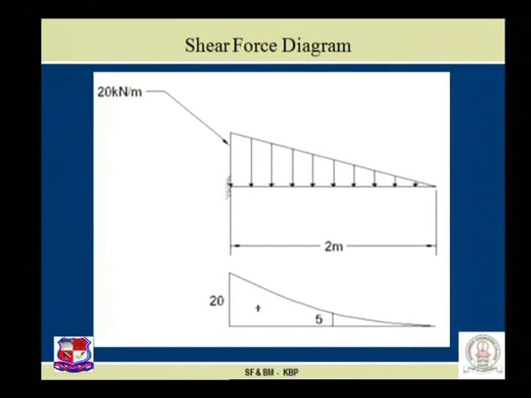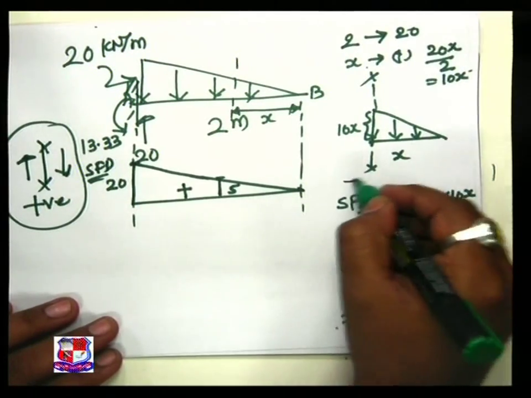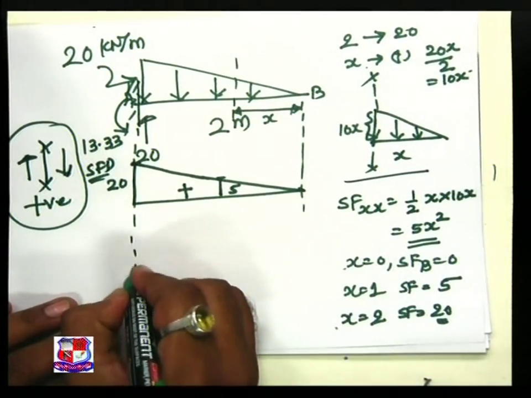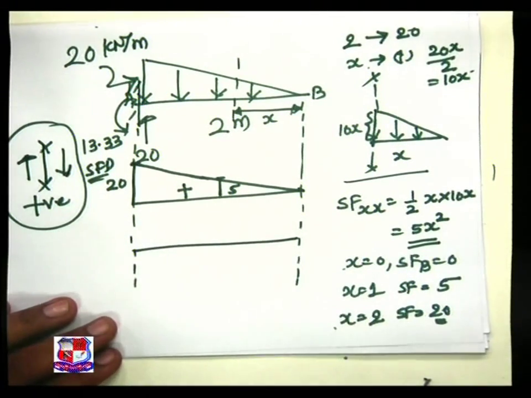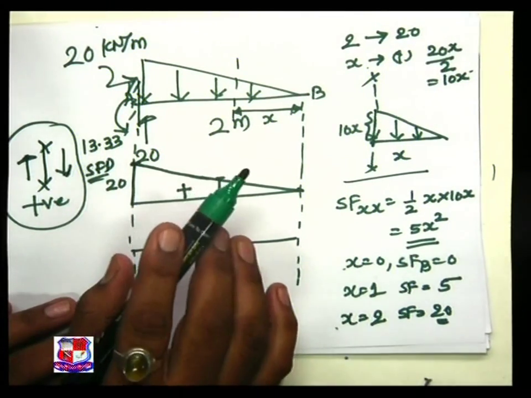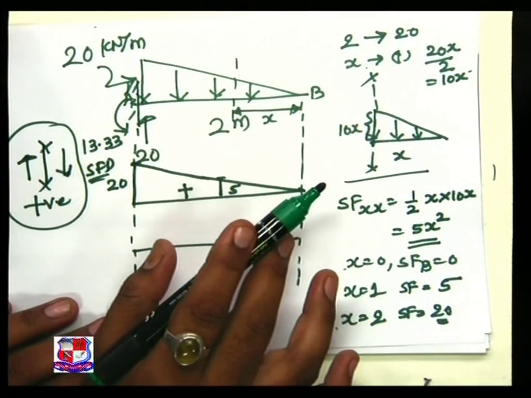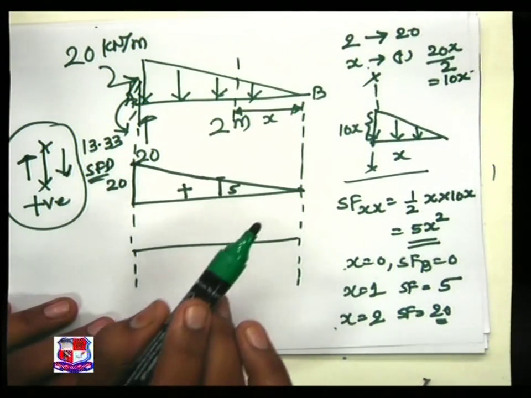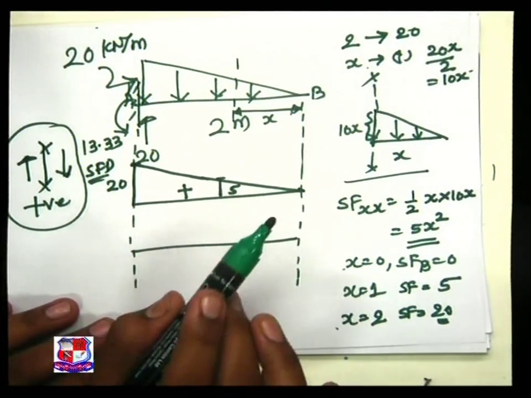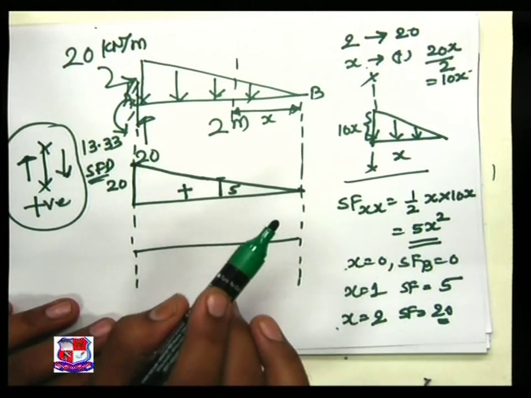Come to this tabletop. The figure is over here. Bending moment diagram. What is bending moment diagram? Bending moment specifically is defined as the algebraic sum of the moment of the forces to the left or right of the section.